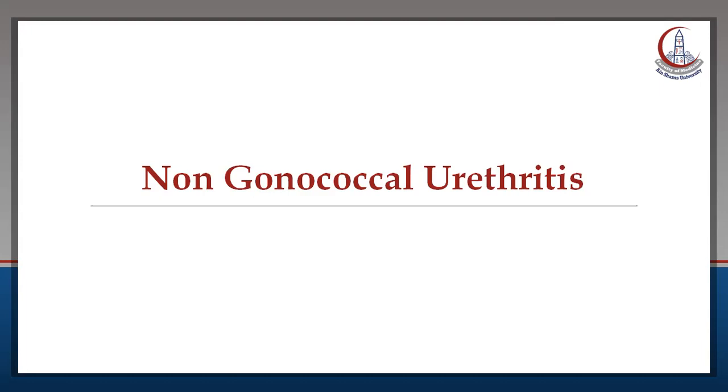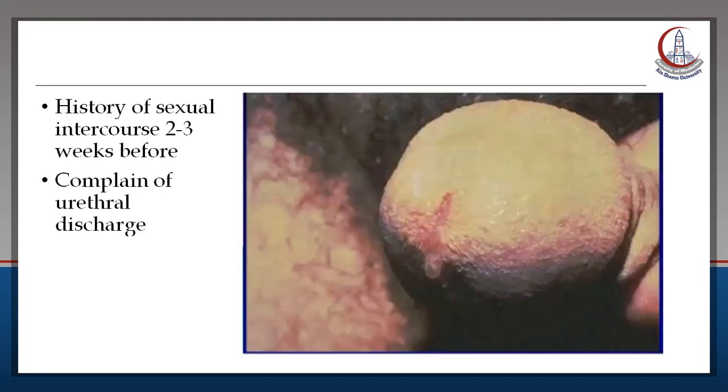Instead of 2 to 5 days, it takes 2 to 3 weeks for the discharge to start. The discharge usually differs. We can describe it as scanty, of little amount, scanty mucoid urethral discharge.